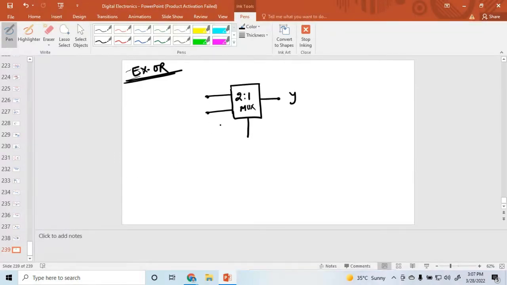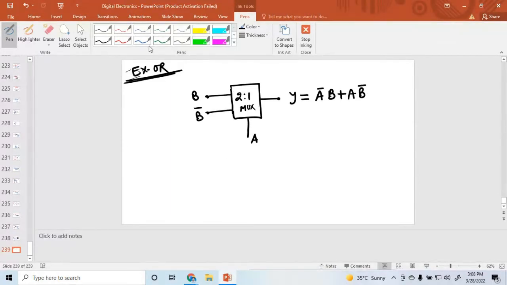So what is the input? I'm taking A as the input on the selection line, that is fixed. And now what is the value of the data inputs? This one is B and B bar. So what is the output? Output is equal to A bar into B plus A into B bar.